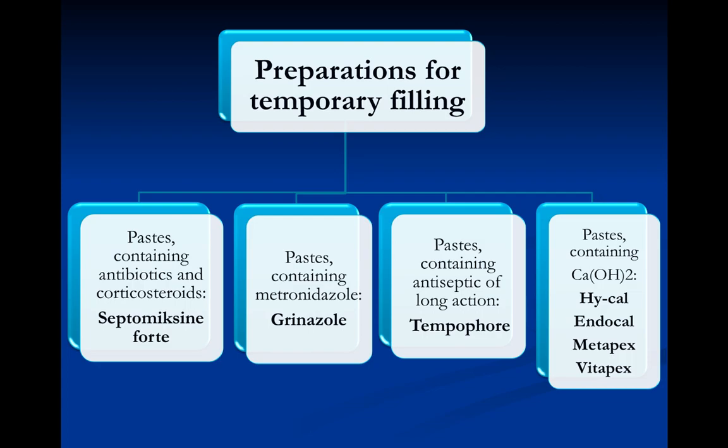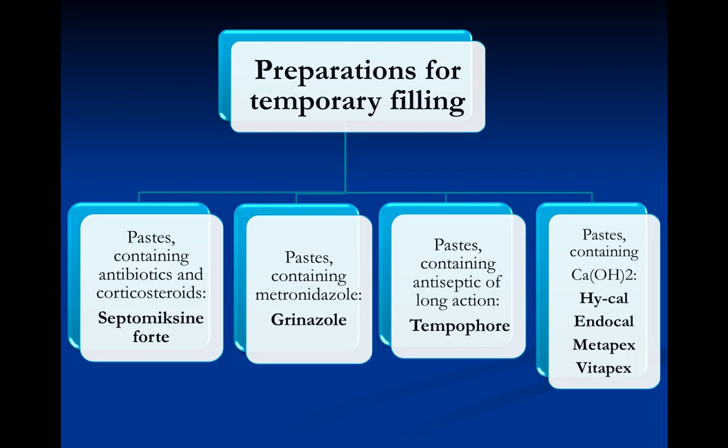After 1 week, we have to change the old calcium hydroxide to a new portion. Why? Because when we first fill the canal with calcium hydroxide, it has a pH equal to 12.5, but after a week, the pH may decrease to the neutral side, maybe 7.